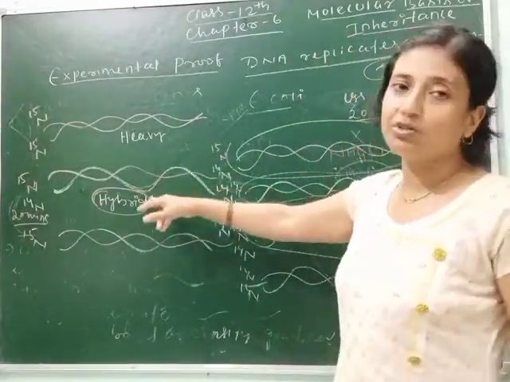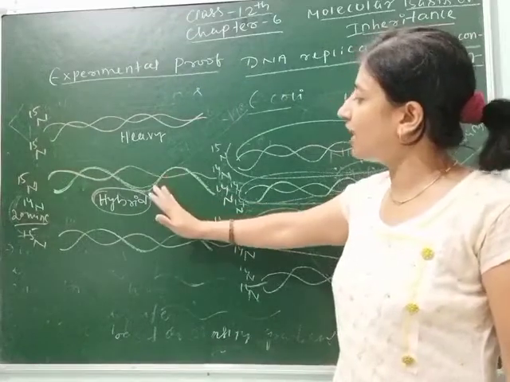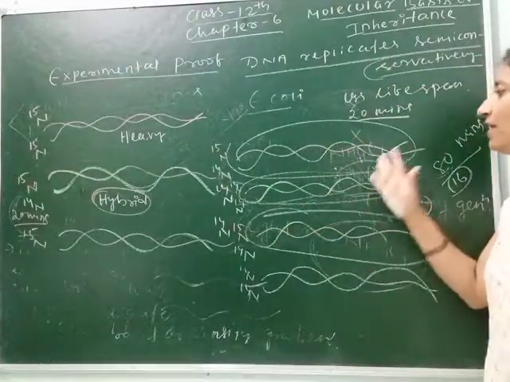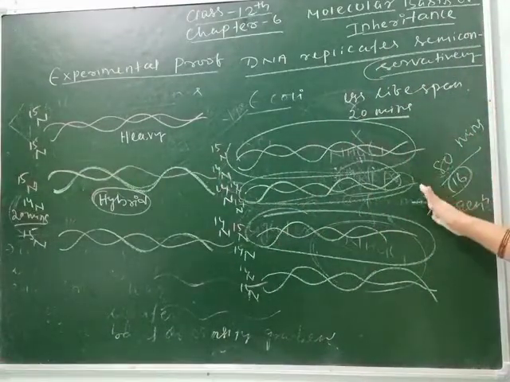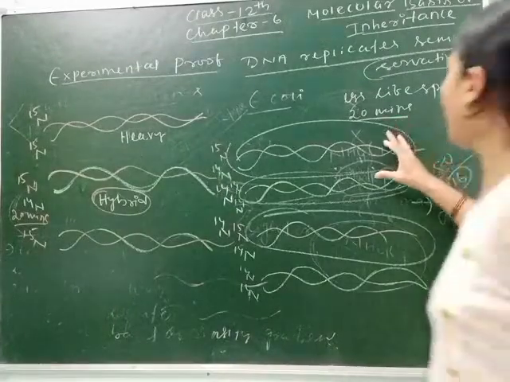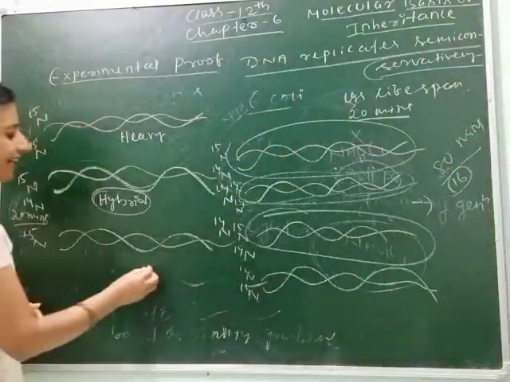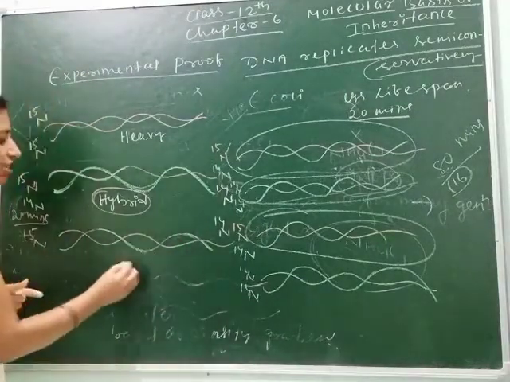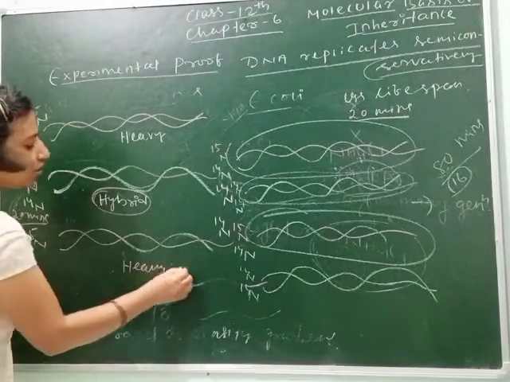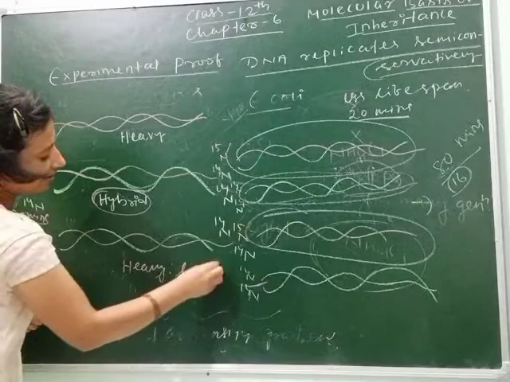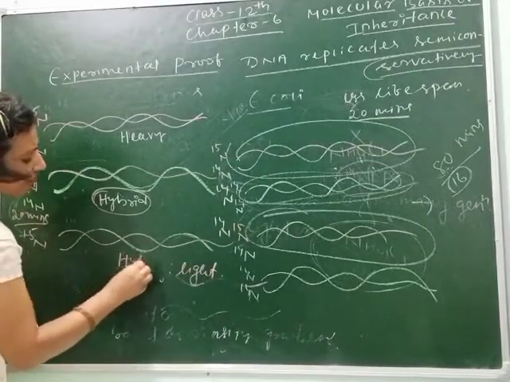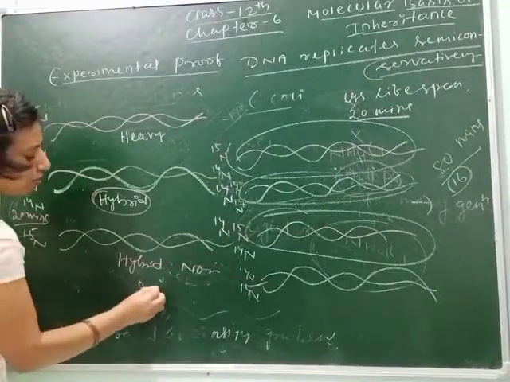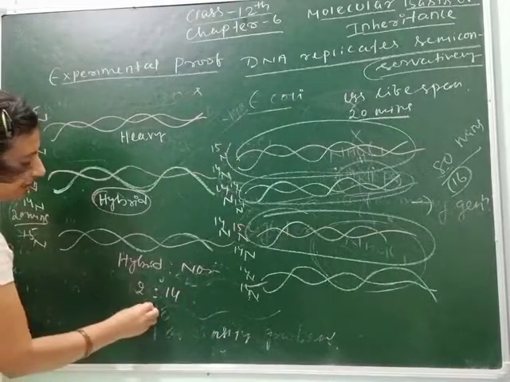Again, as we know, it needs 20 minutes to complete its life cycle. So after 20 minutes it forms 2, 40 minutes it forms 4, 60 minutes it forms 8, and after 80 minutes it will form 16, in which the heavy and lighter variety ratio we can get as, if we get 16 DNAs, then hybrid is to normal will be 2 is to 14 or 1 is to 7.